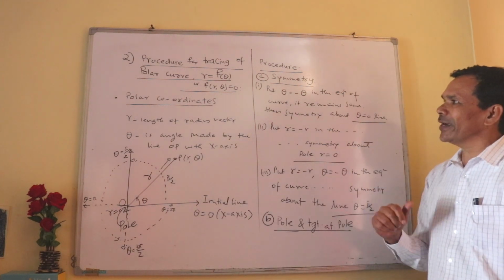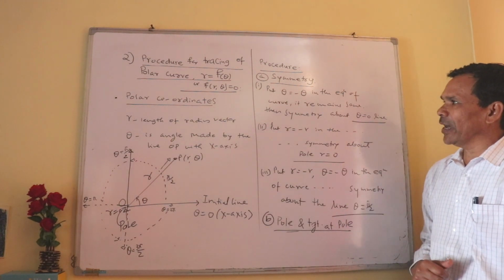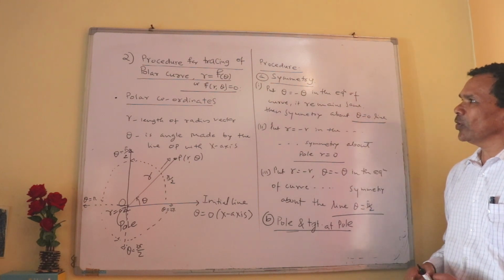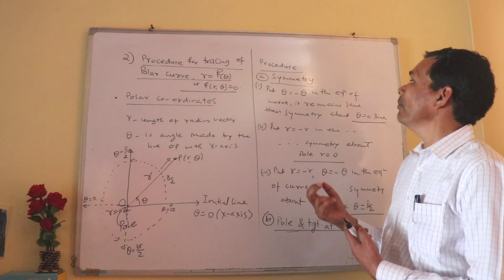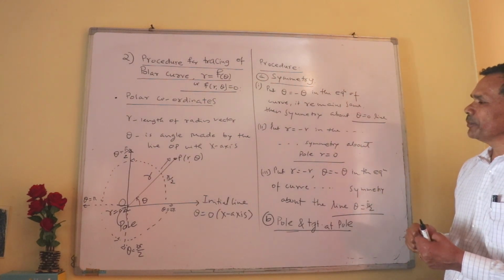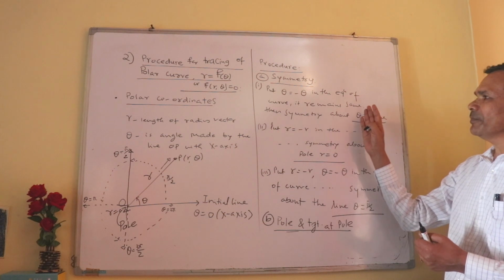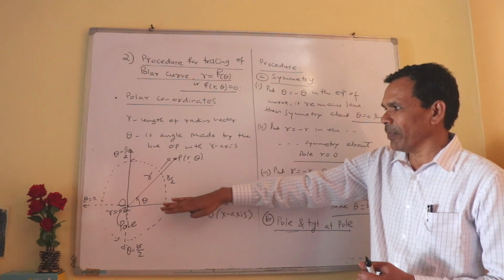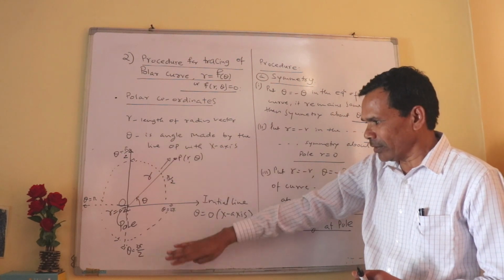Now the procedure for tracing this particular curve, r is equal to f of theta. We start with symmetry, as usual in Cartesian form. If you put theta is equal to minus theta in the equation of the curve and it remains the same, then the curve is symmetrical about the initial line, meaning half the part is located above and half below.